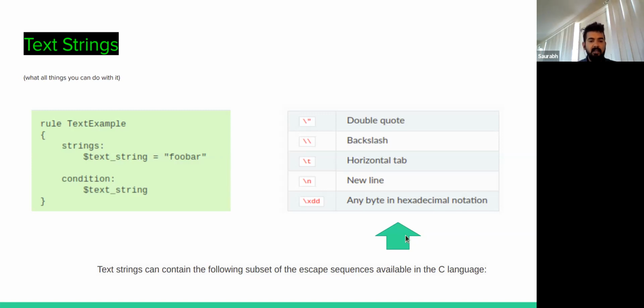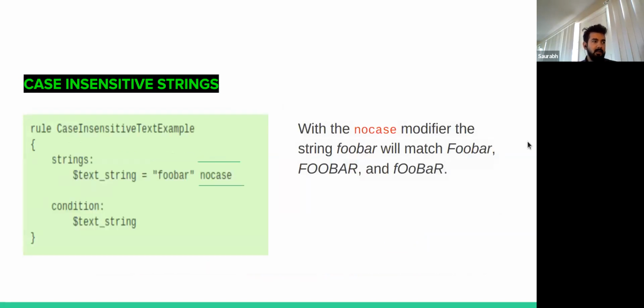In that case, it's going to find both cases and a jumble case as well. As I was saying about case strings, just writing nocase is going to match it against uppercase, the jumble case, and the lowercase as well.